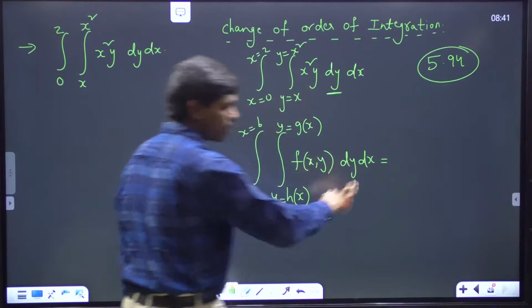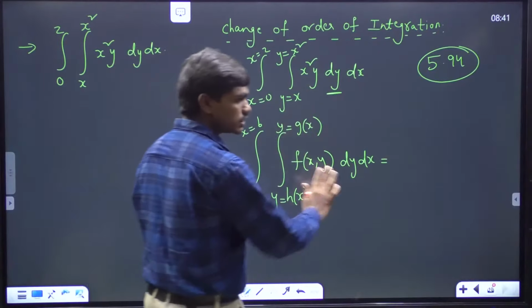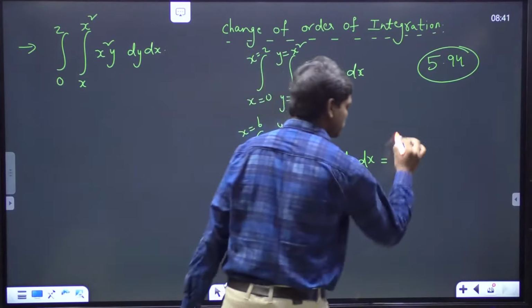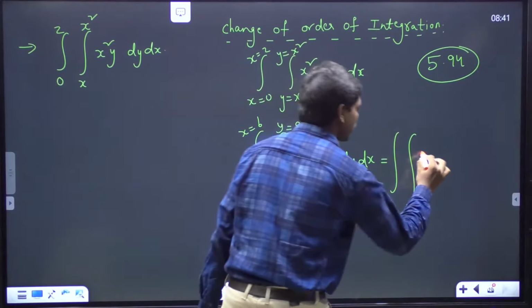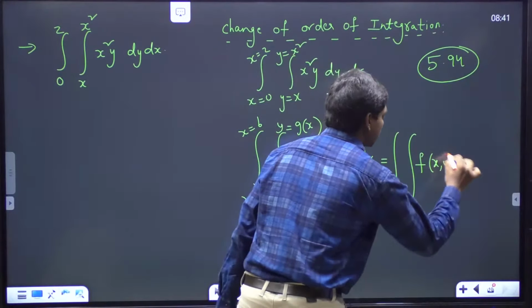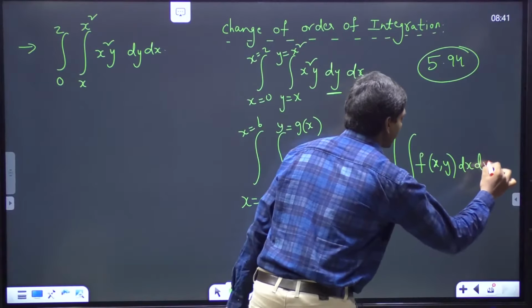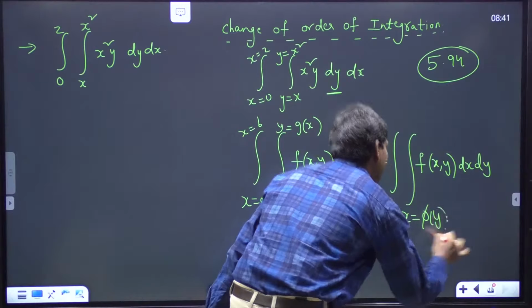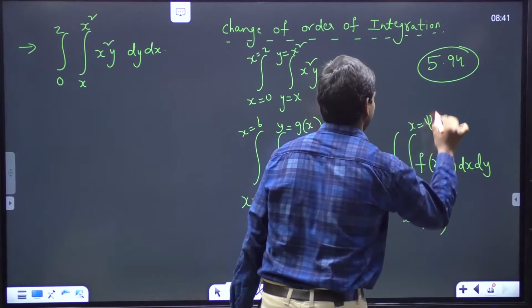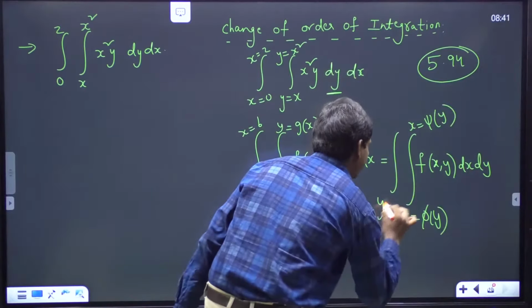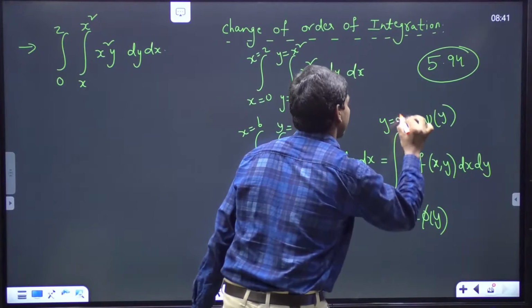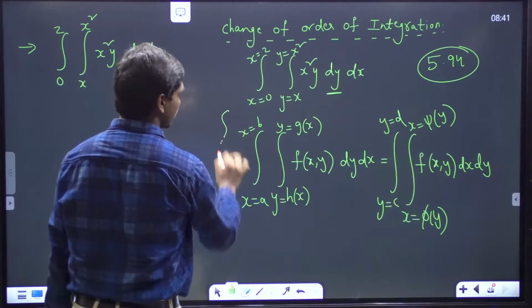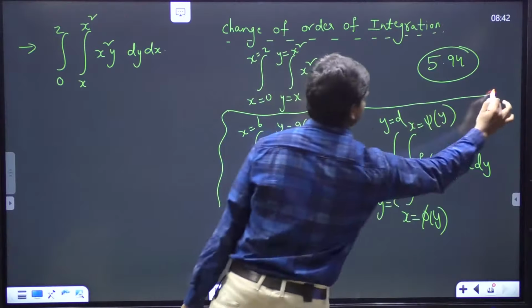If you want to change the order of integration, this integral gets converted to f of x comma y dx dy, x is equal to phi of y to x is equal to psi of y, and y is changing from c to d. Means if you want to change the order of integration, your integral changes like this.